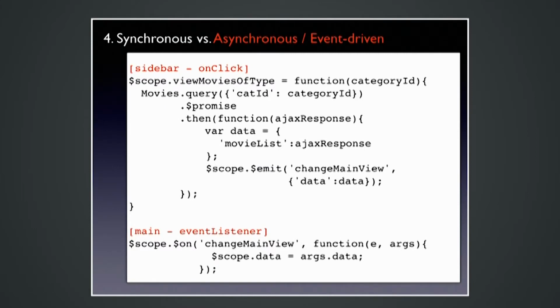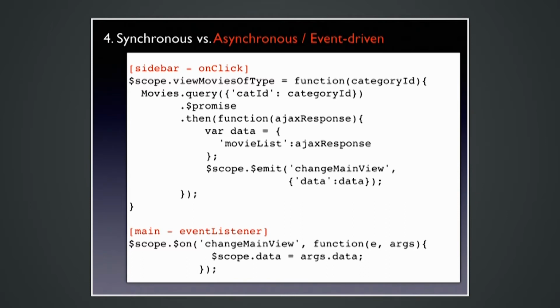This is AngularJS code. But we can see that I've got this event listener right now called View Movies of Type. And so the idea here is as I click on items on the sidebar, this guy is going to turn around and query movies that match that particular type.